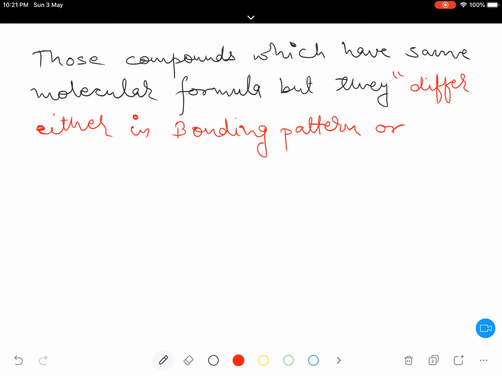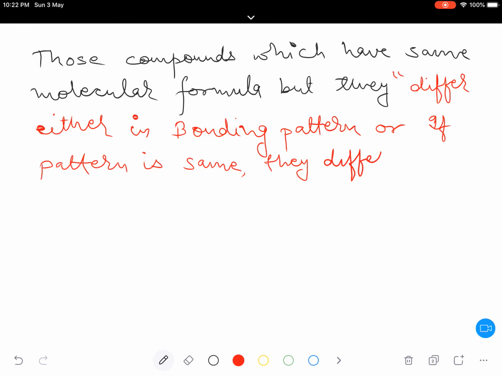Means they are having same molecular formula but they differ either in bonding pattern, or if that pattern is same, they differ in relative three-dimensional arrangement.